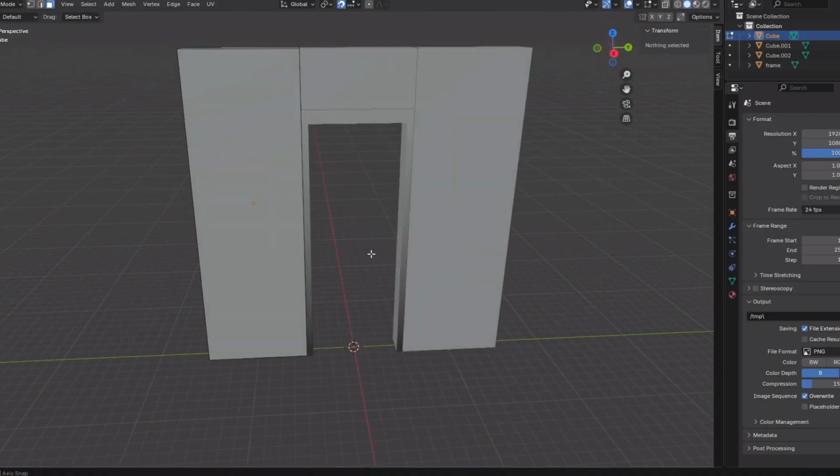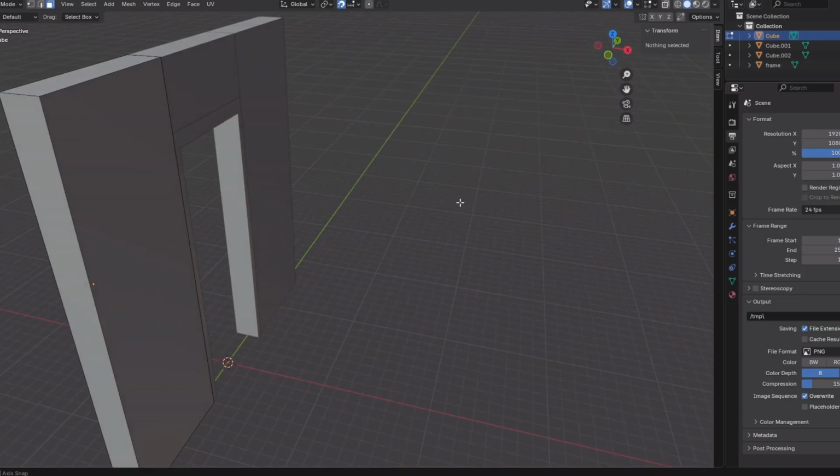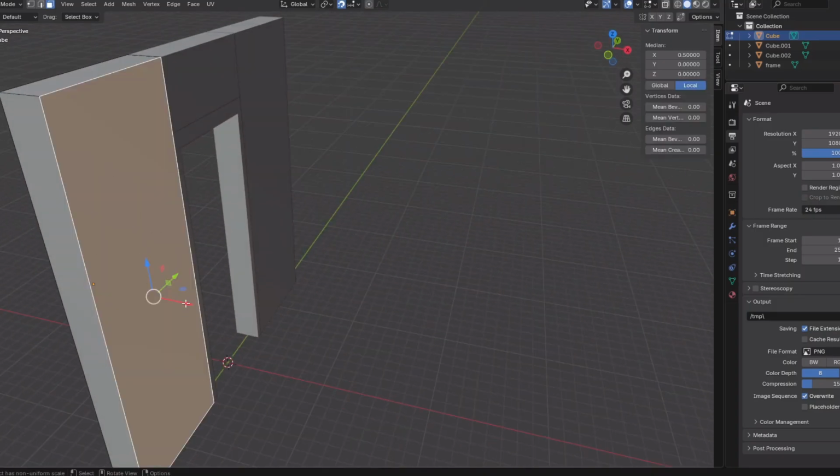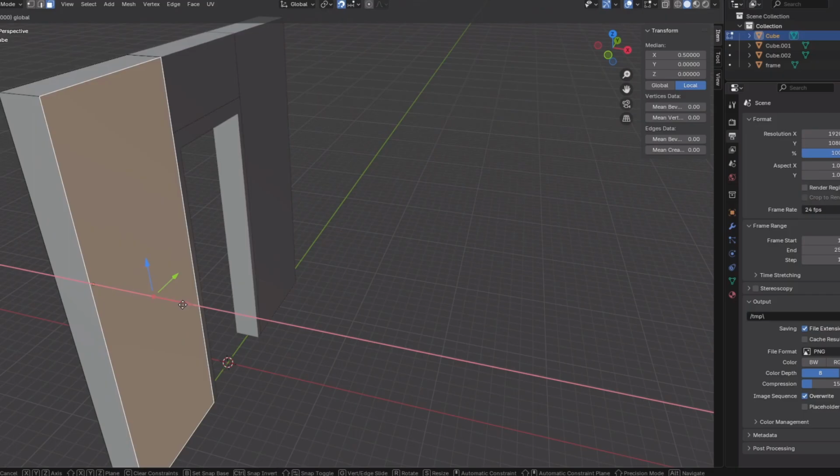And for the sides of the door, I have them be hollow because they're going to be up against walls, so they're not going to be seen. That also works for the bottom too.